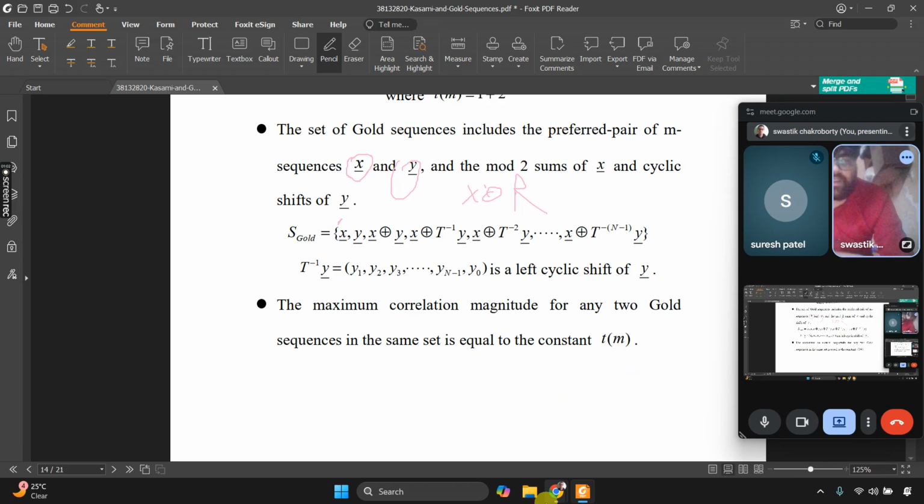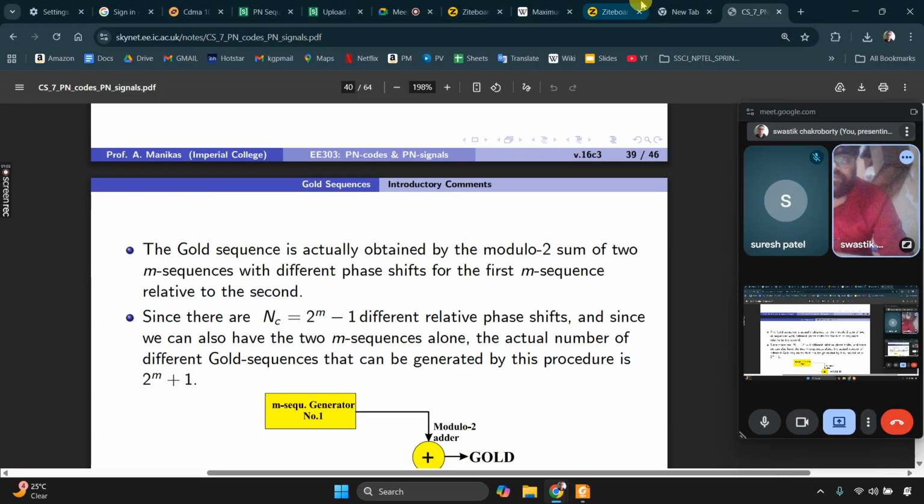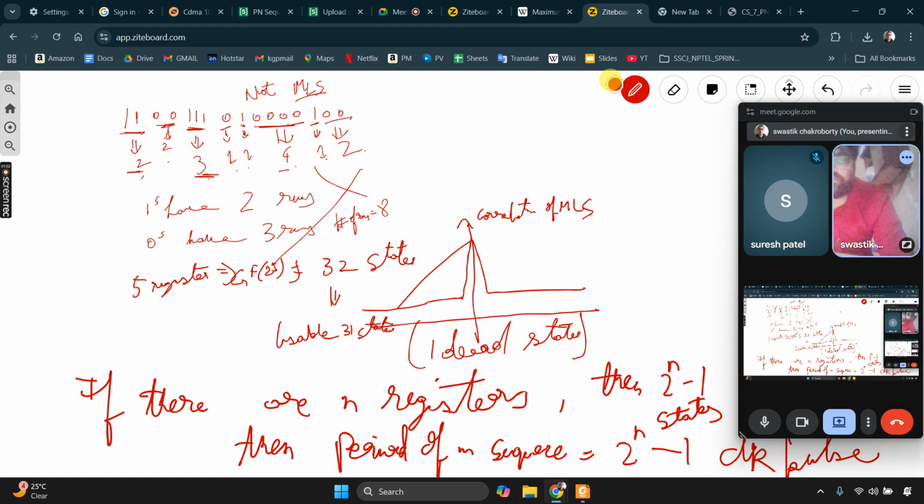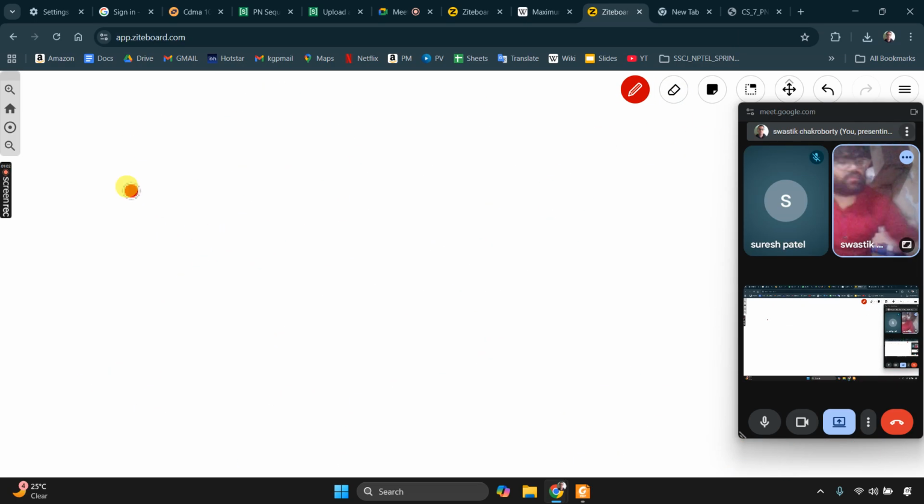So let's say you have a maximal length sequence like 110101. I don't think this is maximal, I am just giving an example. This may not be maximal. So this is a 6 length sequence, so it has to be non-modulo 4.